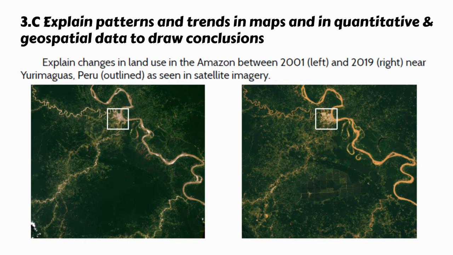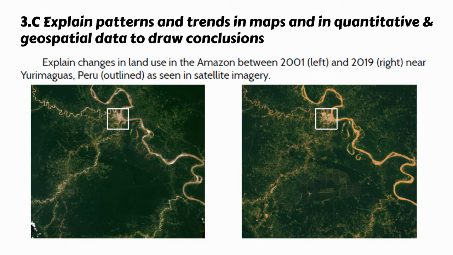Okay, 3C. Explain the patterns and trends in maps and in quantitative and geospatial data to draw conclusions. And now we get the explain. So now it's the because. A lot of times as I'm going through this and helping you make sense of these task verbs, it's actually helping me make sense of how to explain it to you.